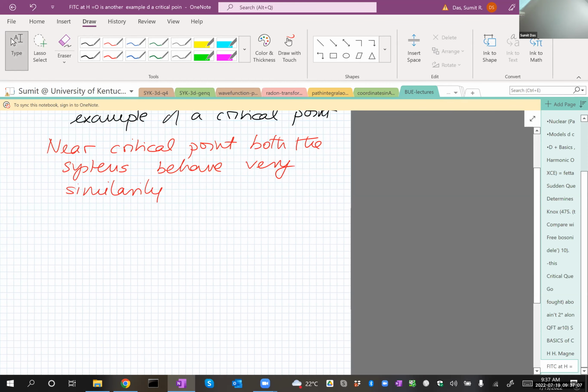Just as a prelude, let me draw a phase diagram of the magnetic system. The analog of the pressure of a magnet is now an external magnetic field H, and the other axis is the temperature.